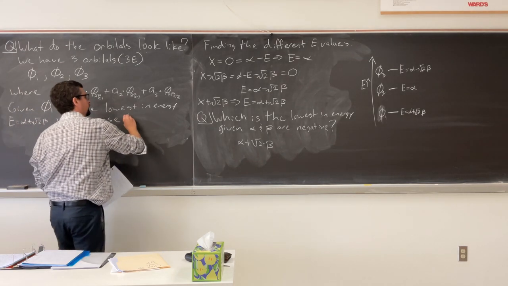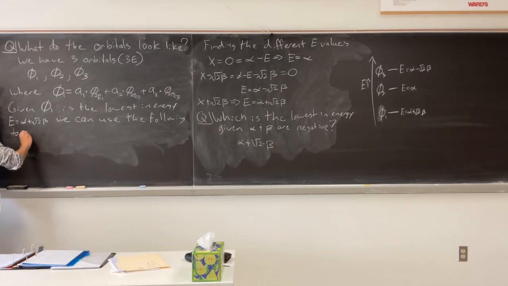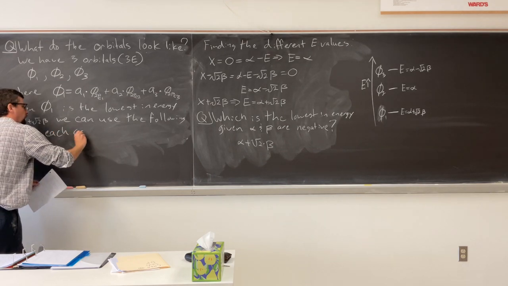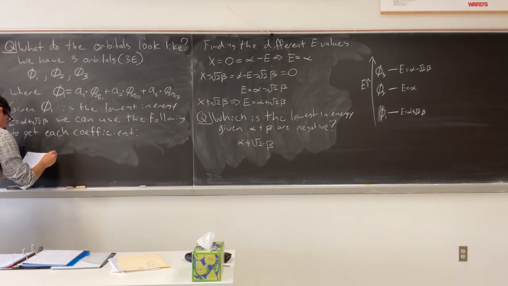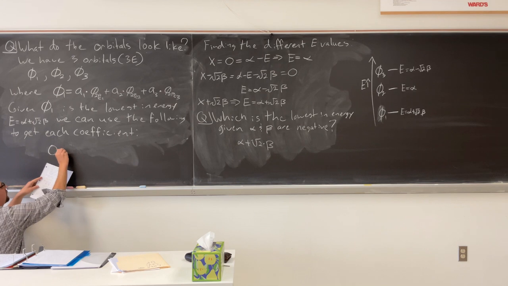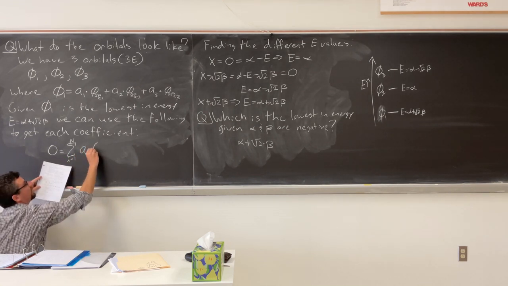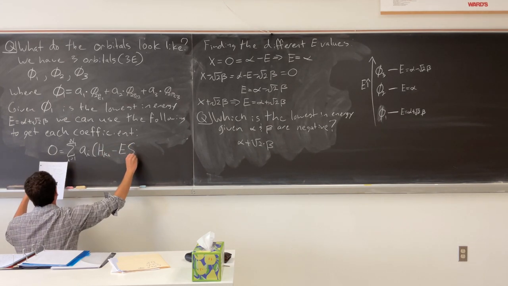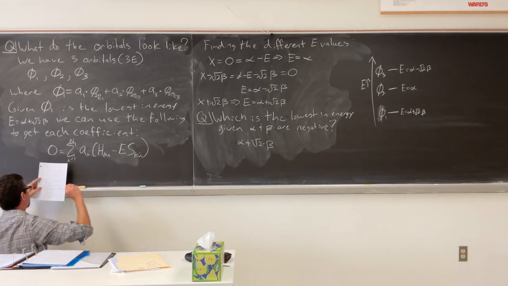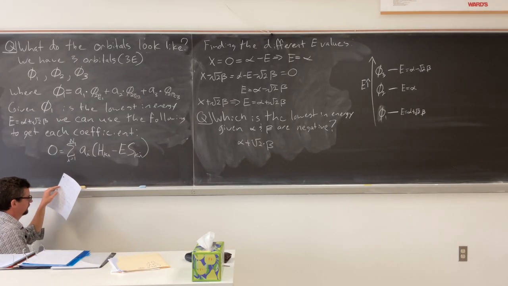We can use the following to get each coefficient, and that comes from the secular equation: 0 is equal to the summation, i equals 1 to n, of a sub i times (H_ki minus E S_ki).